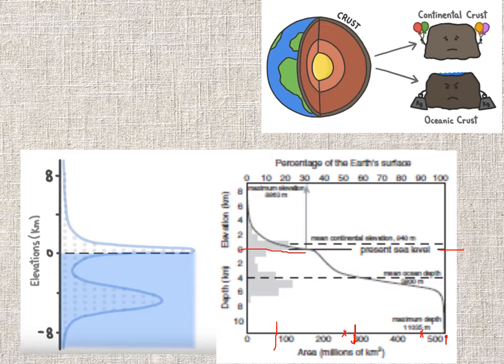So you may have more than one point having the same height or the same depth value. Now, what we do for the hypsometric curve is take the elevations in the y-axis, and in the x-axis we take the number of locations or the number of points having that exact value.